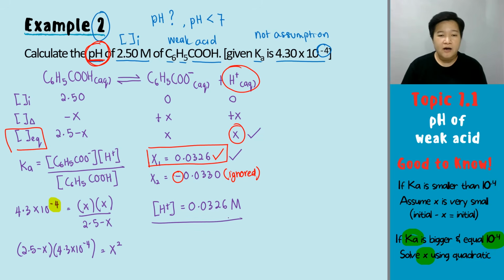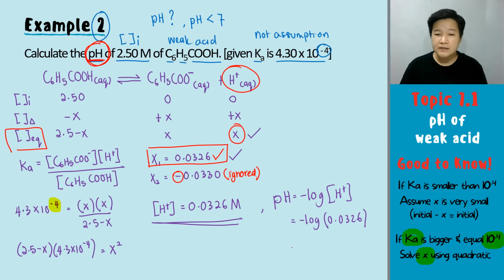And when you have the concentration of your H plus already, we can easily calculate the pH value. pH will then equal the negative log of the concentration of your H plus. And you substitute in the value of negative log 0.0326 molar. Press your calculator and find the answer.